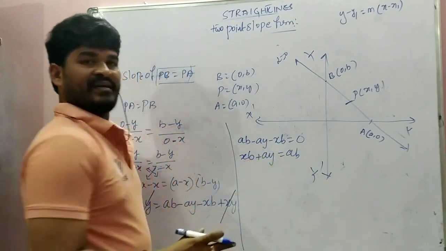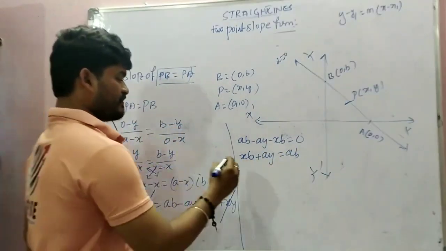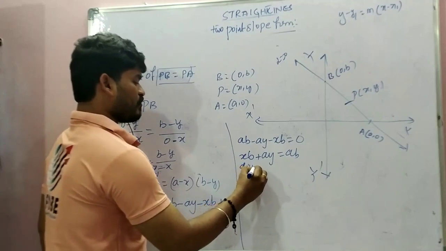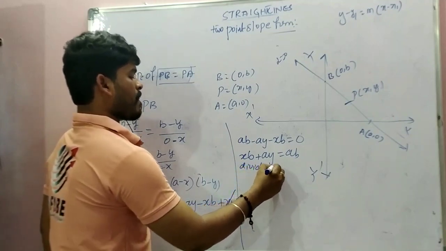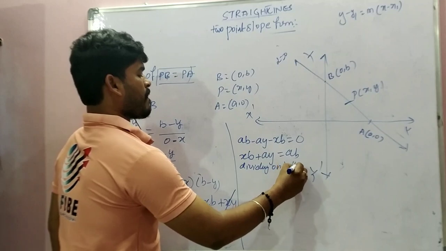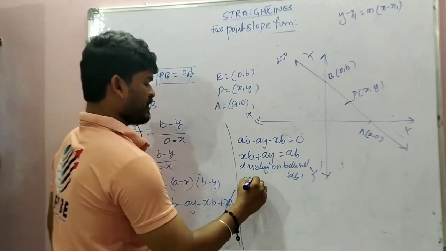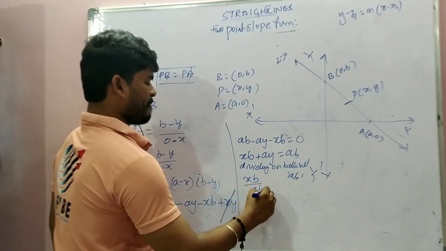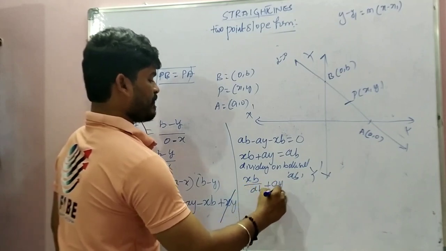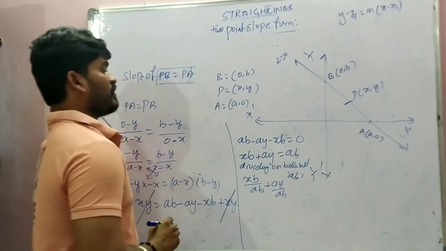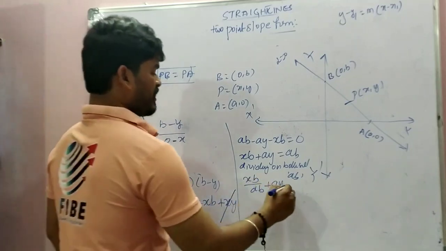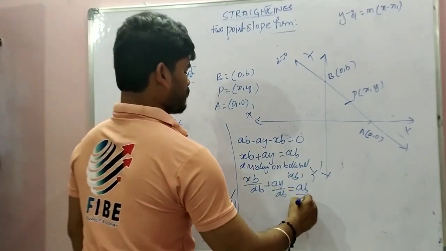Dividing on both sides by ab, we get bx divided by ab plus ay divided by ab equals ab divided by ab.